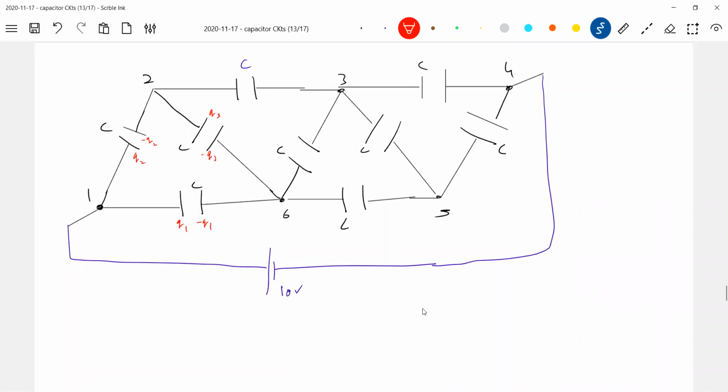So here Q3 has come, no? So Q2 minus Q3 should be here. I'll show only on one plate; it will take more time. Then finally, what charge should leave?